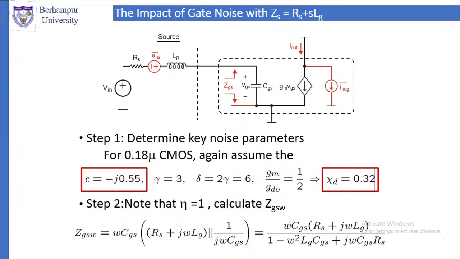Look at the left side. In the source, we have V_in, then the source resistance. Because there is a source resistance, it will get heated up as we discussed earlier, and because of that we get thermal noise. So e_nS is the thermal noise, the additional current due to the source resistance.